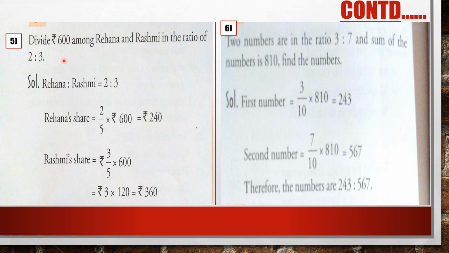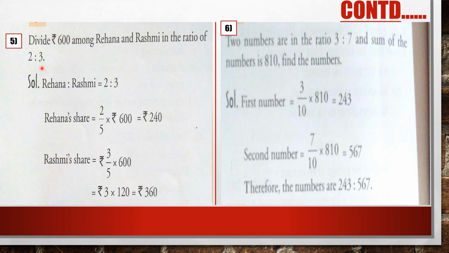Example 5. Divide rupees 600 among Rehana and Rashmi in the ratio of 2 is to 3. Our total amount is 600 rupees. We need to divide 600 rupees among Rehana and Rashmi in the ratio of 2 is to 3.